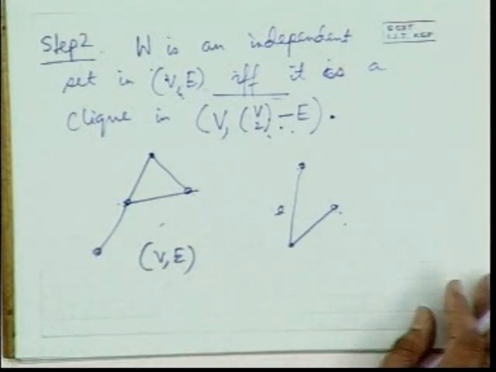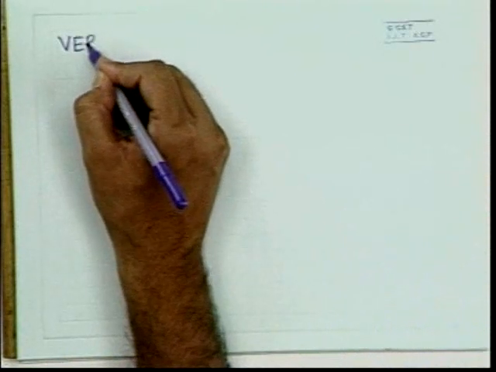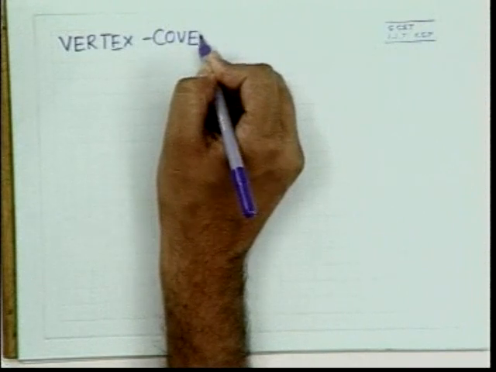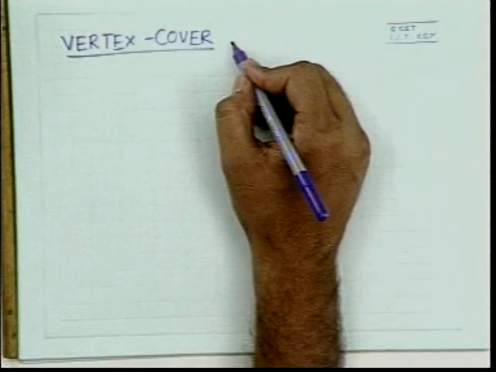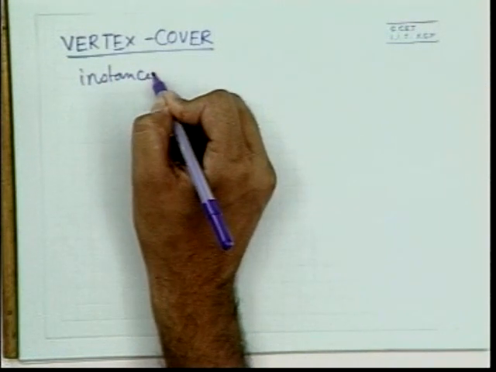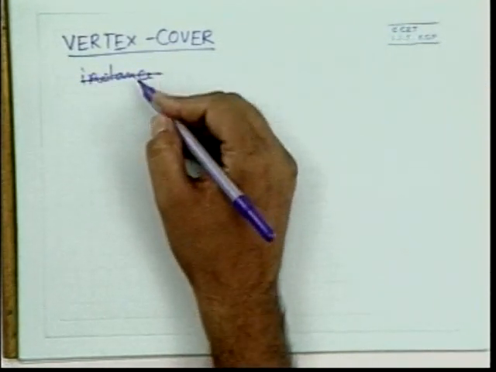So this is the second example. Now let me take a third example. Third example is called the vertex cover problem. So the vertex cover problem is this. Before I tell you the instance, let me define.